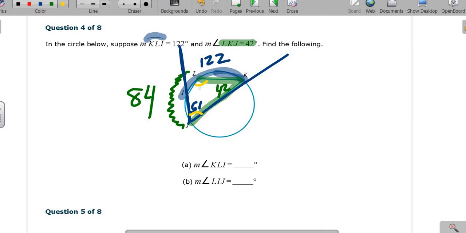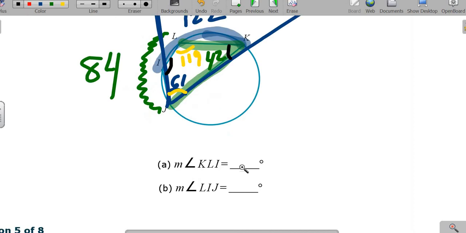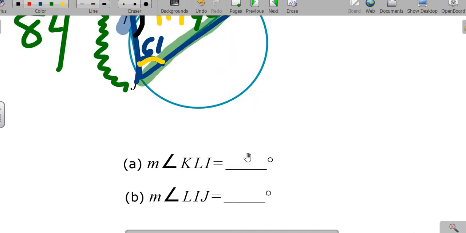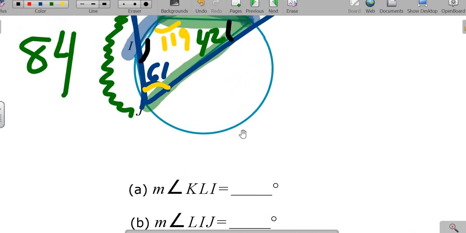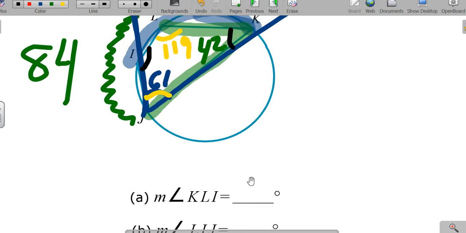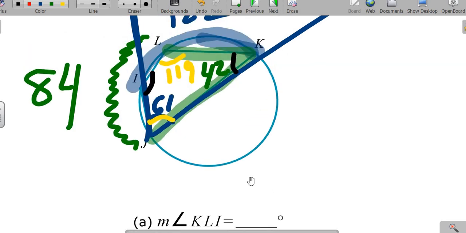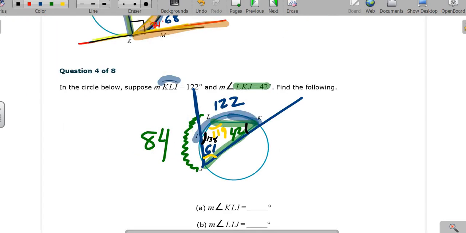So this over here is going to be 119. And this also has to equal 180. Let me get this really close here because it's an inscribed quad. And this is going to be 138. Keep that in mind.